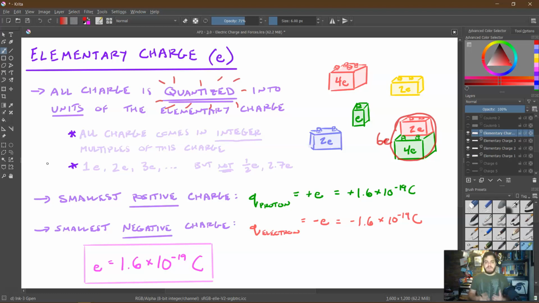So if I have 1e, that would be 1.6 times 10 to the negative 19 coulombs. 2e would be that times 2, so 3.2 times 10 to the negative 19 coulombs. So I can have those, but I can't have 2.5. I can only go from 1.6 to 3.2 to the next one, which would be 4.8 times 10 to the negative 19 coulombs, etc. So that would be the charge of a proton and the charge of an electron, but they would be positive and negative, respectively.